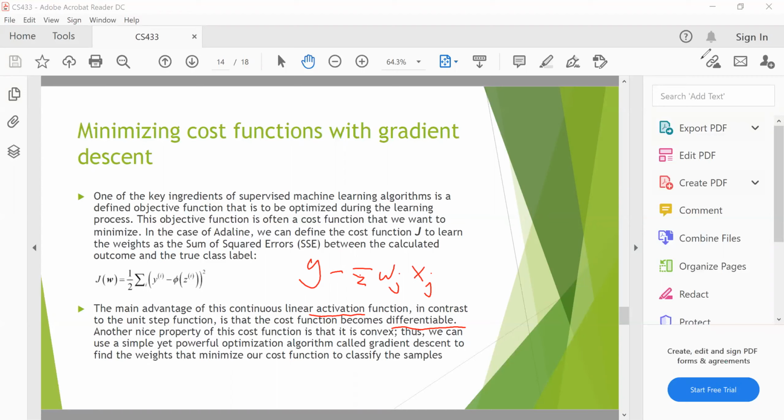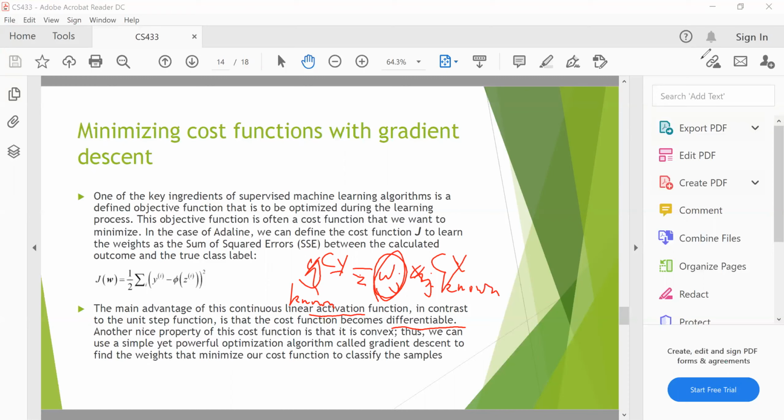Because w is unknown, and x is known, y is known, so in math it can be treated as some constant, and then only w is unknown.